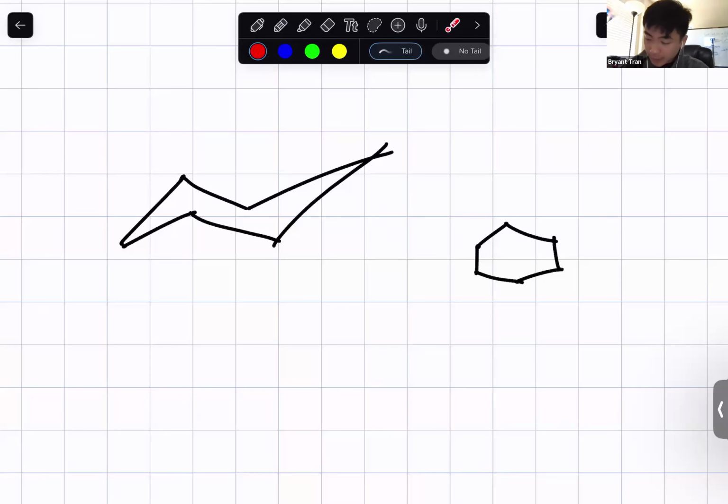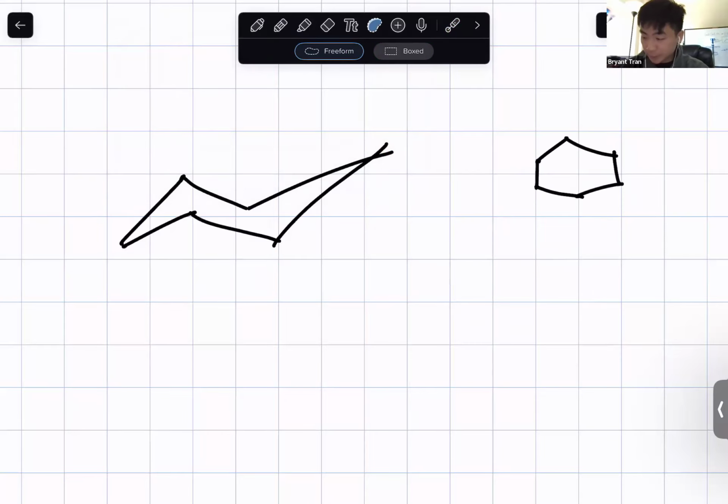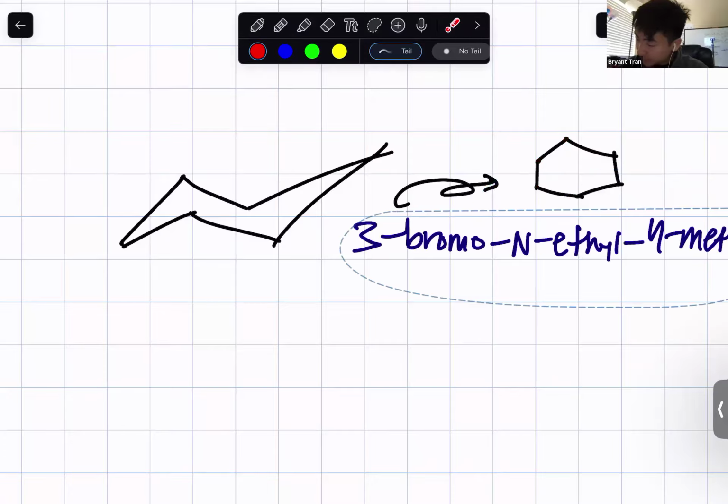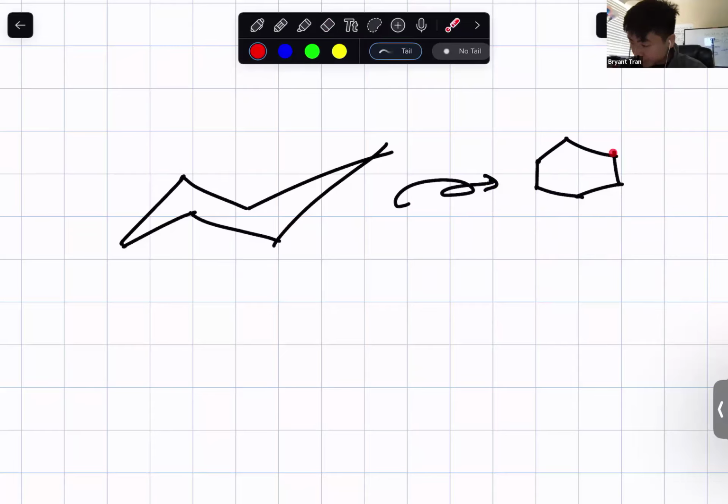So if you have a chair configuration like this, we know that in its flat structure that we are used to seeing in bond line structure is this right here. And if you look at every single atom of this ring right here, it is on a flat planar bond.